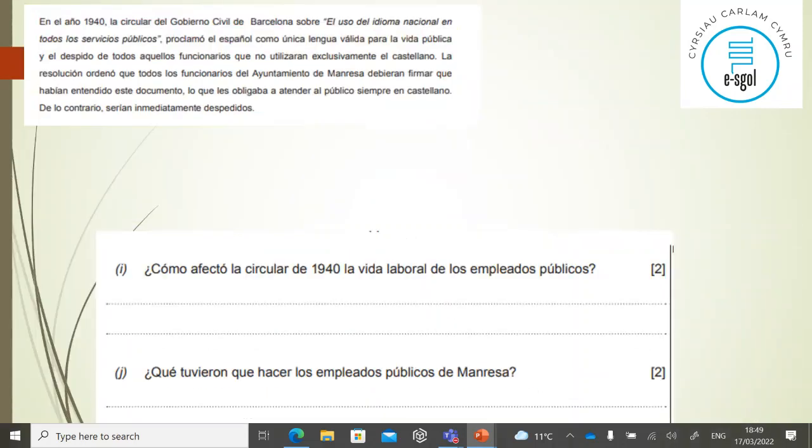We got two more questions in here. ¿Cómo afectó la circular de 1940 la vida laboral de los empleados públicos? ¿Qué tuvieron que hacer los empleados públicos de Manresa? So take a minute to locate questions I and J in the text.